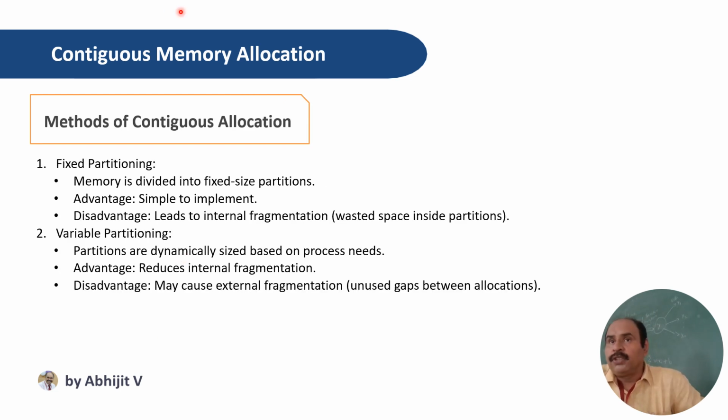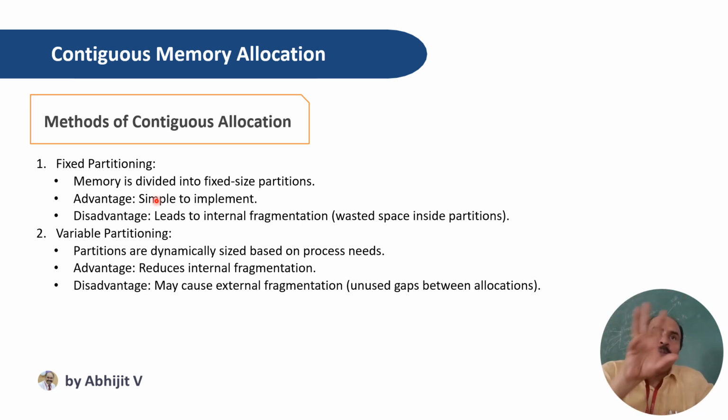Methods of contiguous allocation. How is contiguous allocation done? There are two methods with which you can allocate memory in a contiguous fashion. The first one is called fixed partition, where the memory is divided into fixed sized partitions.